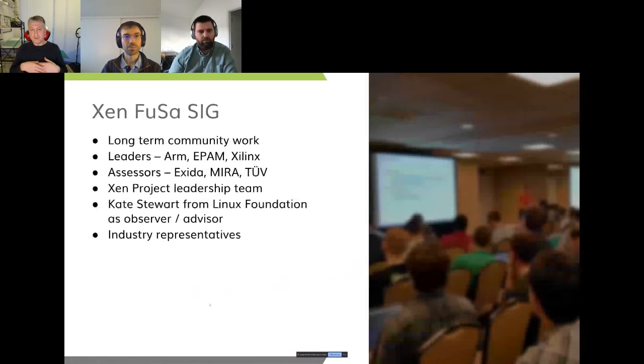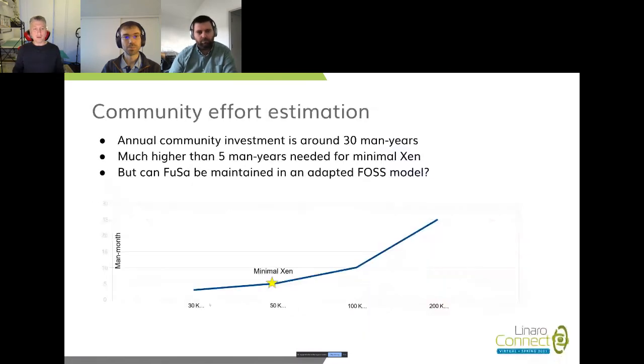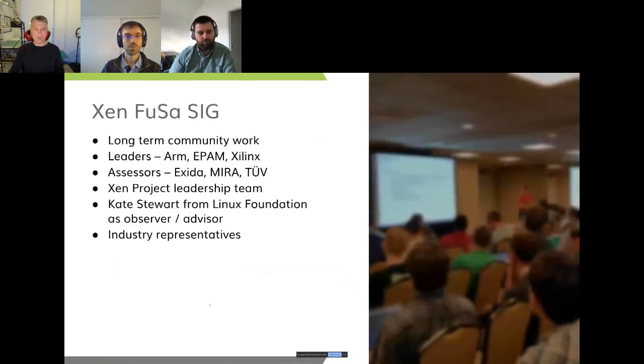But even if you do that, can functional safety be maintained in a somewhat adapted FOSS model? To understand that, we created a special interest group in the Xen project. We understood it's going to be long-term community work. The leaders for this work are ARM, EPAM, and Xilinx, where the three of us are coming from.